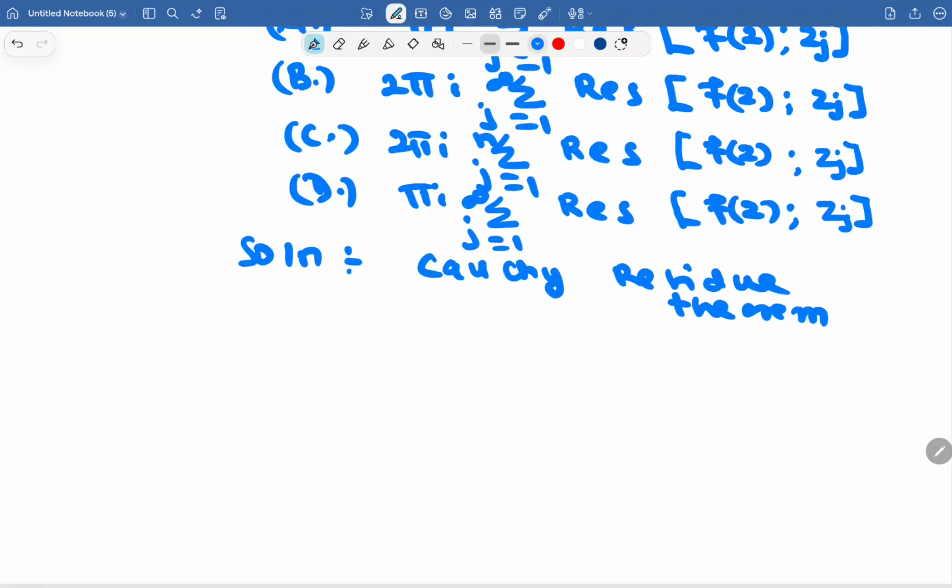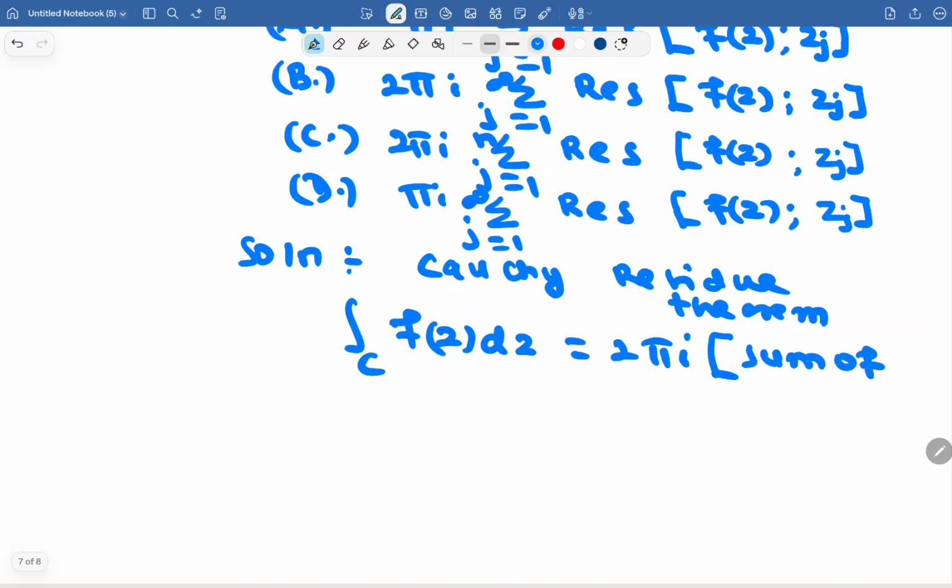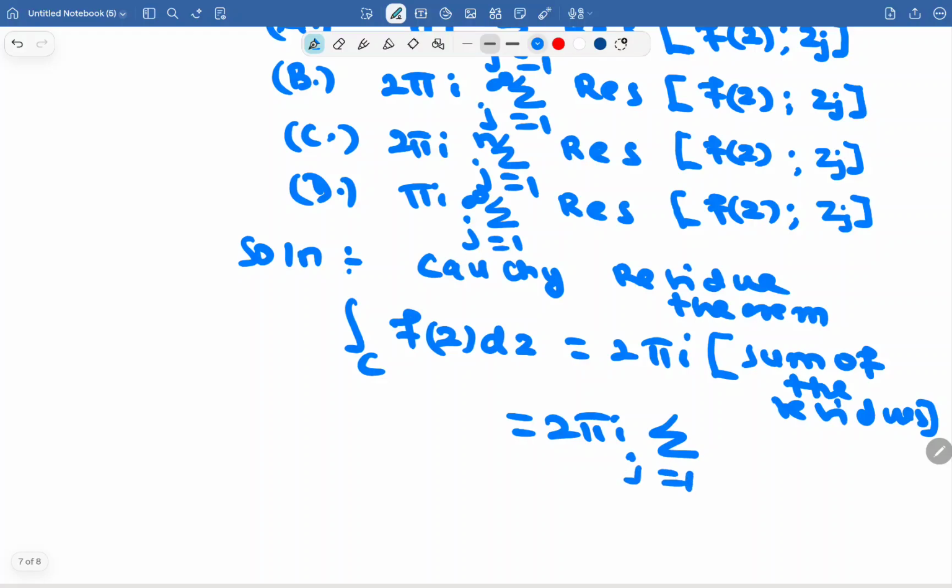Straight away from the Cauchy residue theorem, integral over C of f of z dz equal to 2 pi i times the sum of the residues. It can be further written as 2 pi i summation j equal to 1 to n of the residue of f of z at the point zj.